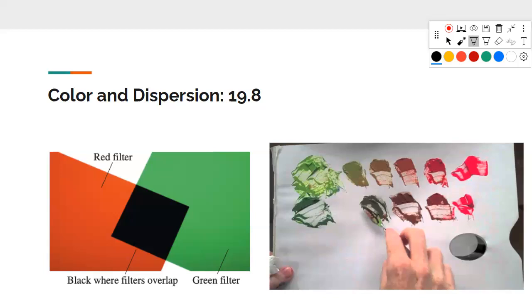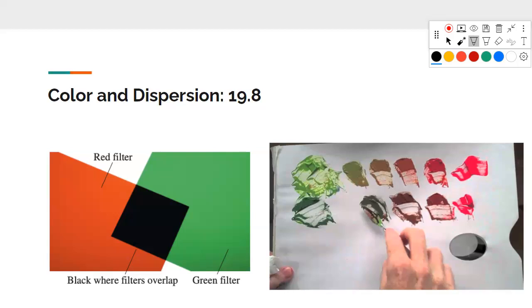And this is in contrast to paints, which are an example of a situation where all of the colors are absorbed except for some color that's reflected. And so for red paint, the red wavelengths are reflected, whereas the other wavelengths are absorbed. For green paint, the green wavelengths are reflected, whereas the others are absorbed. So reflection is an additive process.